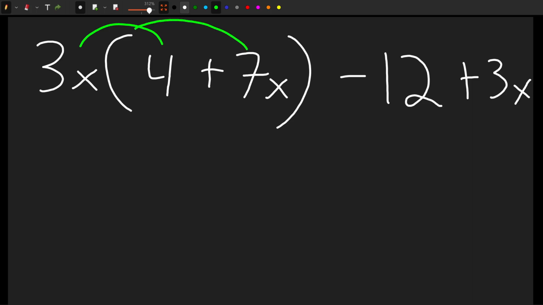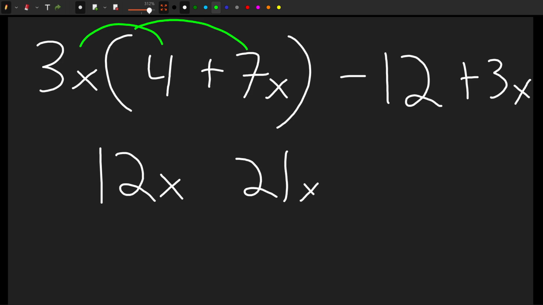So 3x times 4 is going to be 12x. 3x times 7x. 3 times 7 is going to be 21. And then x times x gets us x squared. And then I'm going to bring down the other 2 terms. We're going to have minus 12 and plus 3x. Okay.